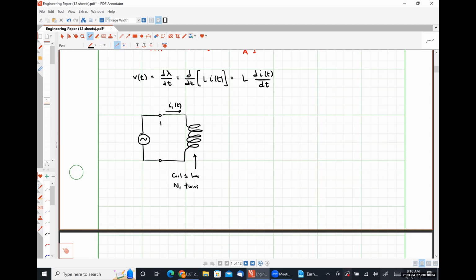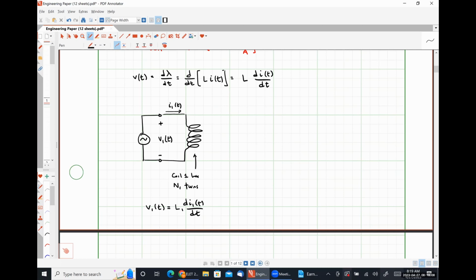We should expect to see an induced voltage V1, where V1 is nothing more than L1 di1 by dt, where L1 represents the self-inductance of coil number 1. I've just redrawn our little coil from a moment ago in a more circuit-like form.